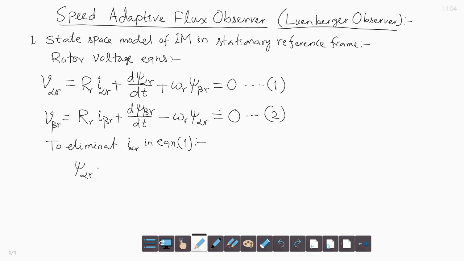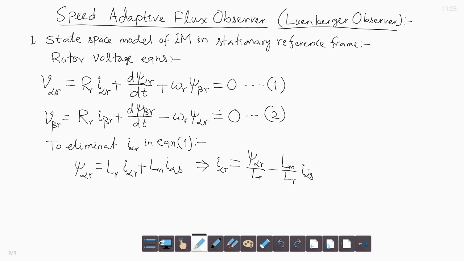Psi alpha R is given by L R into I alpha R plus L M into I alpha S. So this implies the rotor current I alpha R is psi alpha R by L R minus L M by L R into I alpha S.